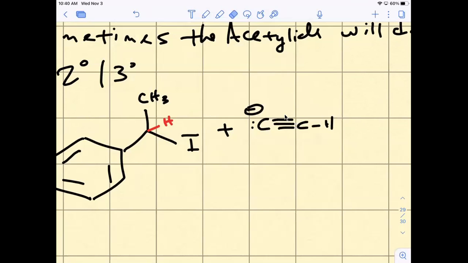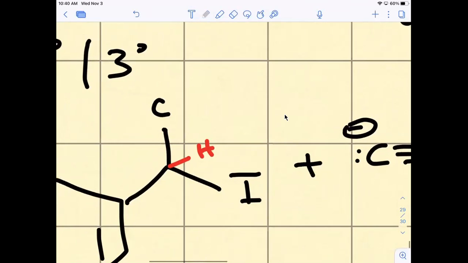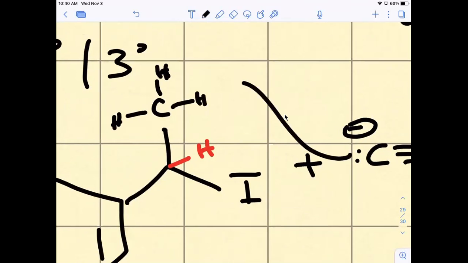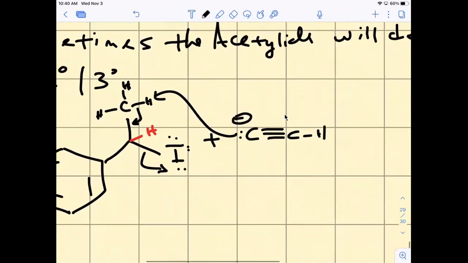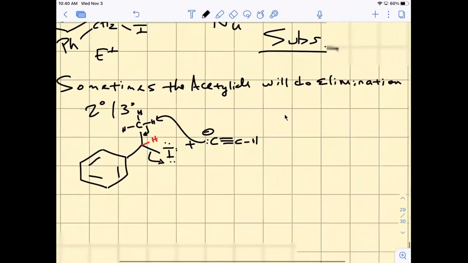It'll pull off one of these up here, one of the alpha protons. That red proton is not alpha. Alpha is always adjacent to the leaving group. And this is only in the case of the acetylide anion reacting with a secondary substrate.